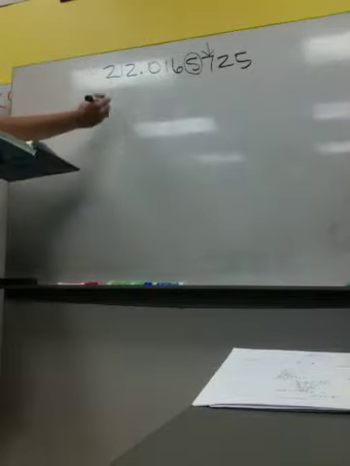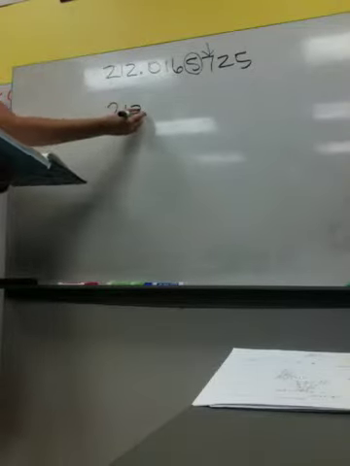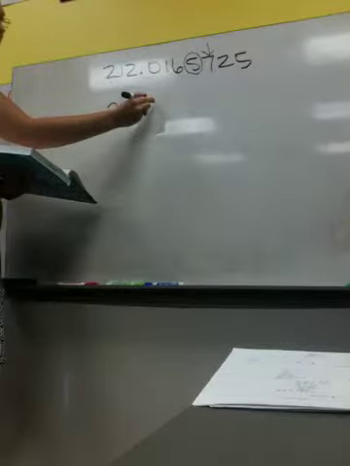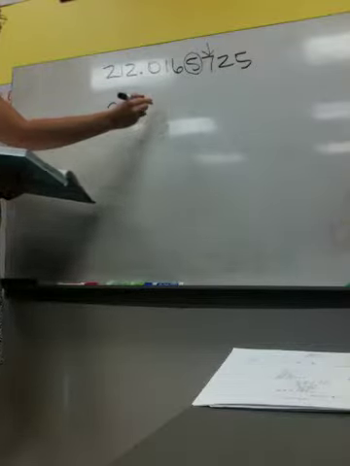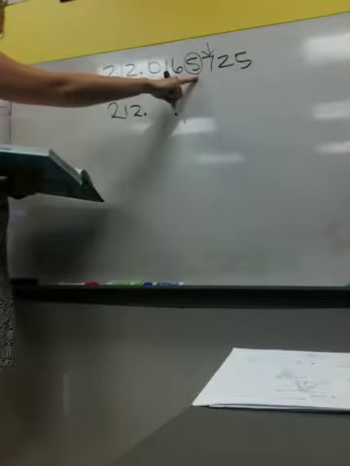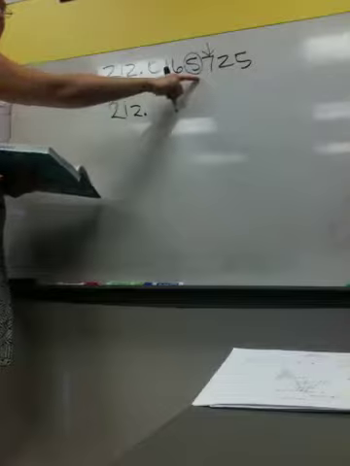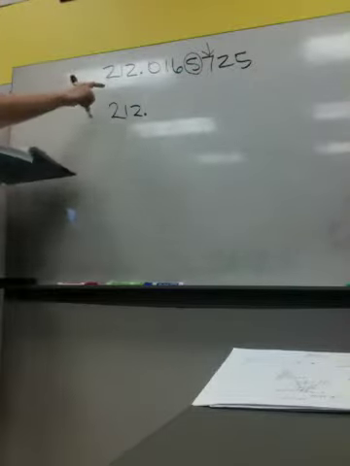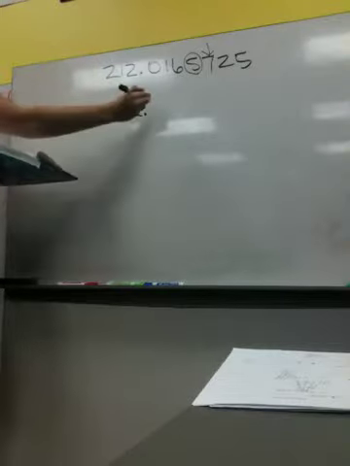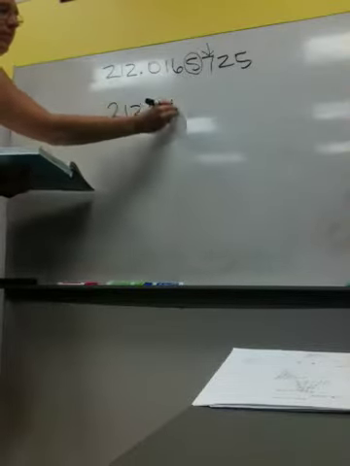So read me, like I did, 2, 1, 2, dot. 165. 10 thousandths. So all I want you to do, you can say 2, 1, 2, dot, finish it for me. 165.